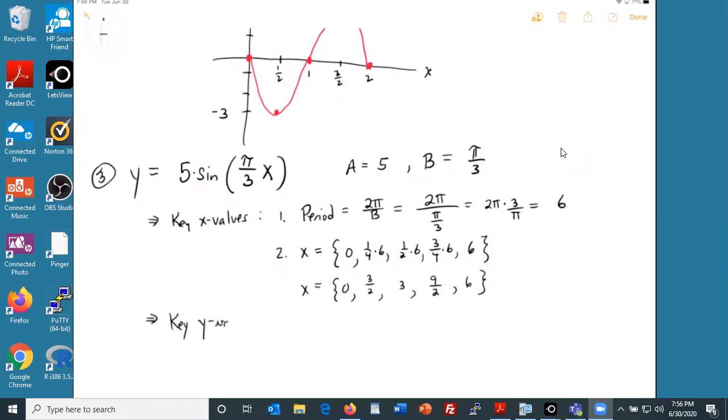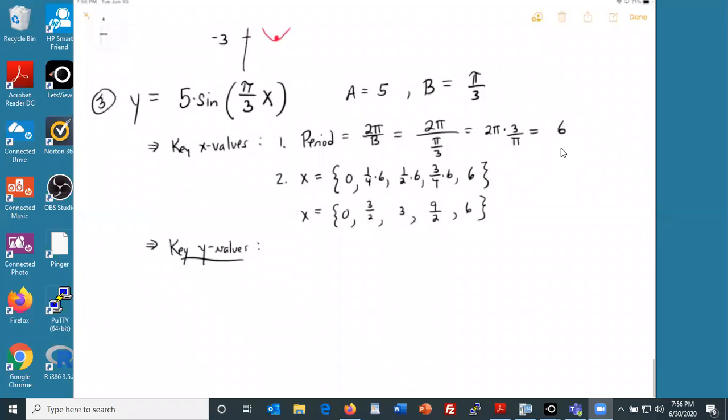The key y values. So remember, this is a sine function. So we need the sine y values multiplied by amplitude a. So the y values of sine are 0, 1, 0, -1, 0, multiplied by 5, right?